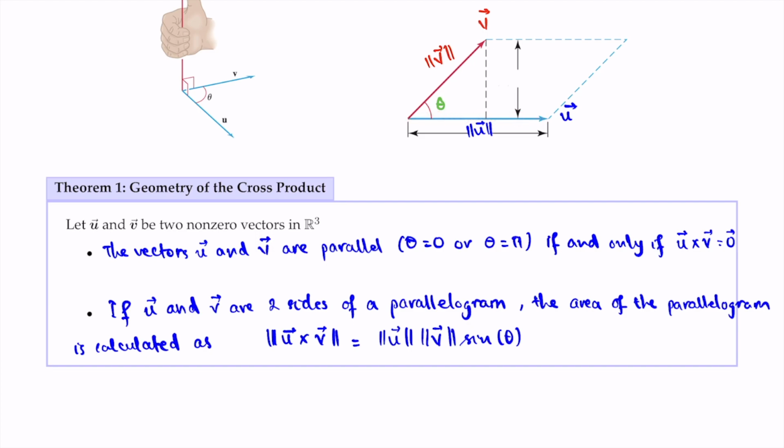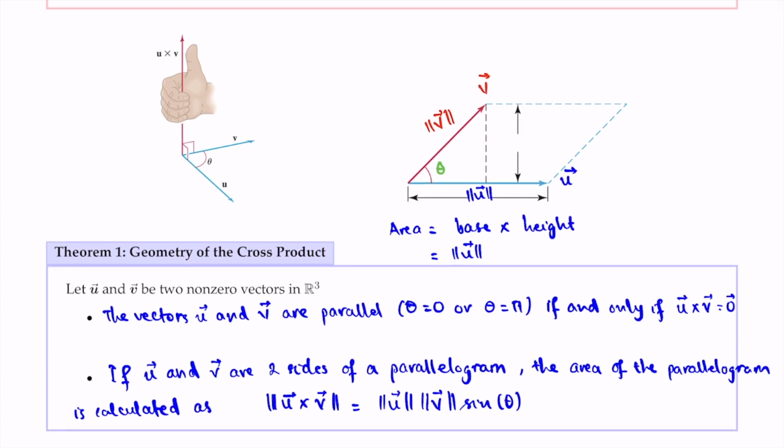So the area of the parallelogram is equal to the base times height. Again, this is just the regular multiplication right here. So the base is the magnitude of u, so you get that. And the height can be calculated as follows. As you can see, this is a right triangle, so the height relates back to the angle theta using sine of theta.